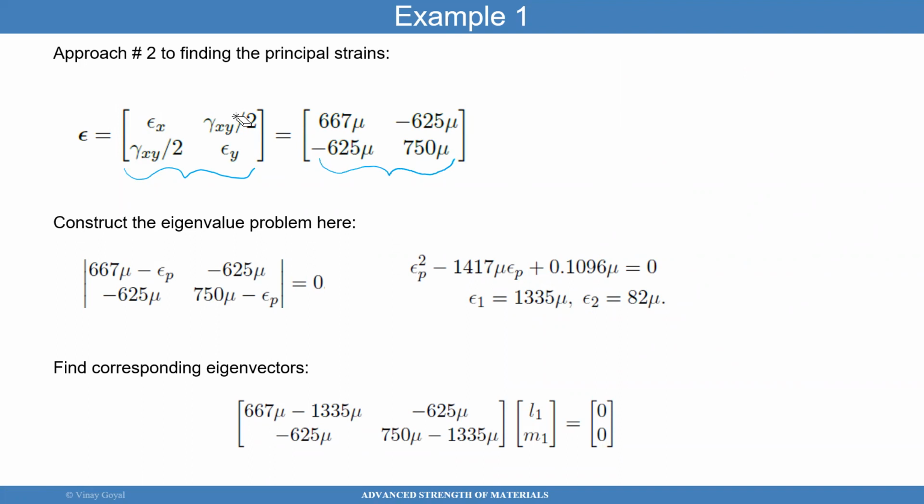And so now I can subtract lambda from the diagonal. And if you look here, I subtracted epsilon p. You can subtract whatever variable you want. And then I multiply. In case you forget how to do this, I'll do it quickly. You multiply these two, and you subtract these two, multiply.